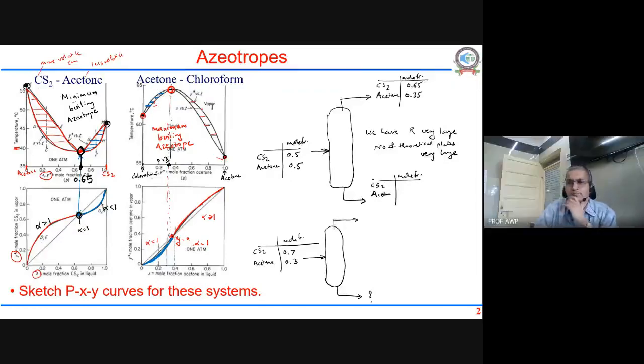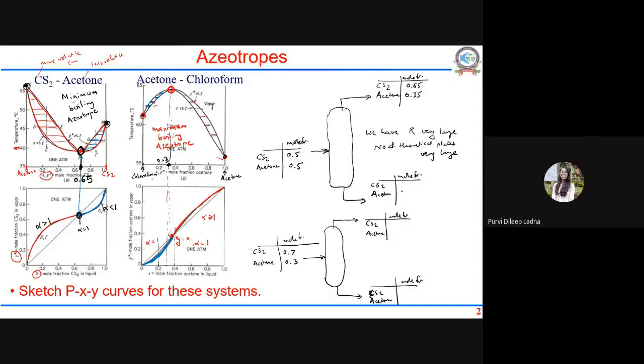Bottom? Purvi, what will be at the bottom? I'm thinking, sir, I don't know.